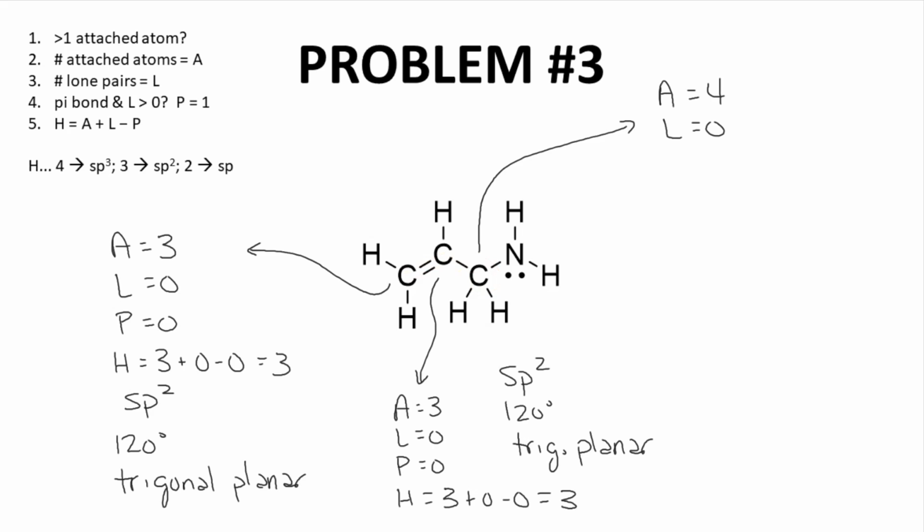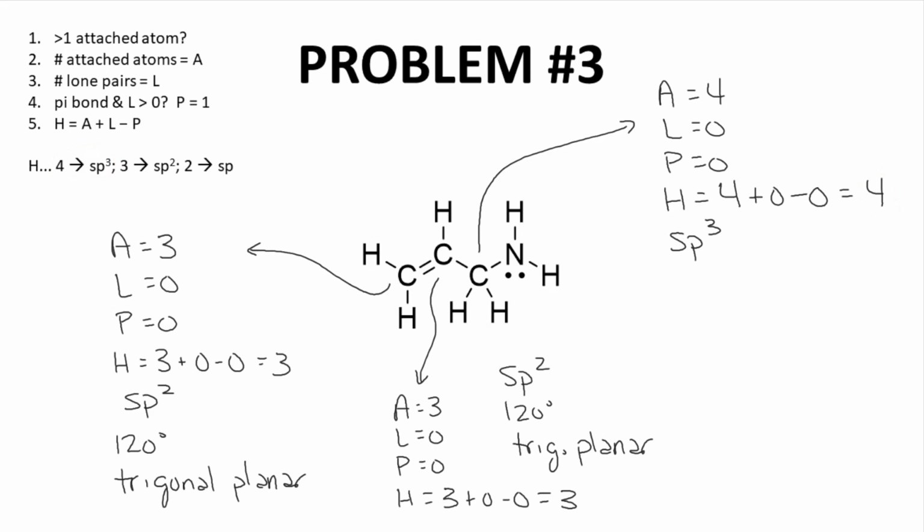It is next to a double bond, but it doesn't have any lone pairs. So question 4 doesn't directly apply, and so P does remain 0. So H is A, that's 4, plus L, 0, minus 0 is 4. So we need 4 hybrids. 4 puts us back over here. That's sp3.